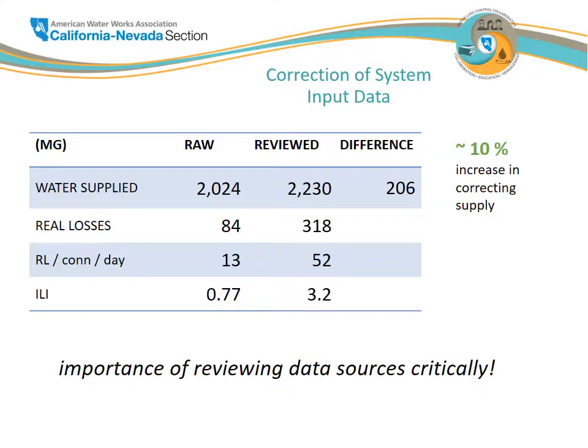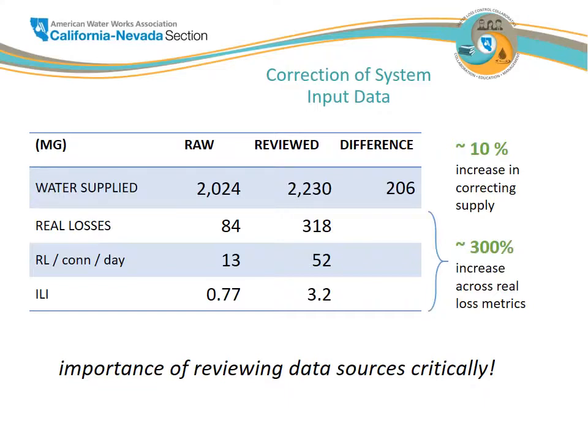And what's especially notable is that even a 10% increase in my water supplied assessment, because it's that foundational volume, has a dramatic increase in my total real loss assessment. Here, as you can see, that 10% change manifested as a 300% change in my real loss metrics.